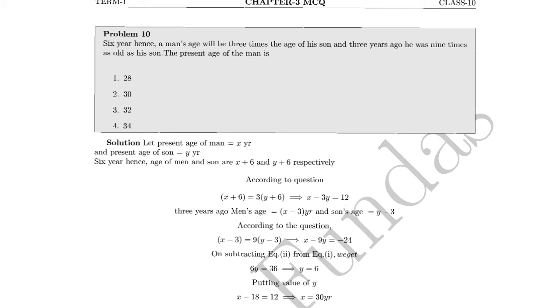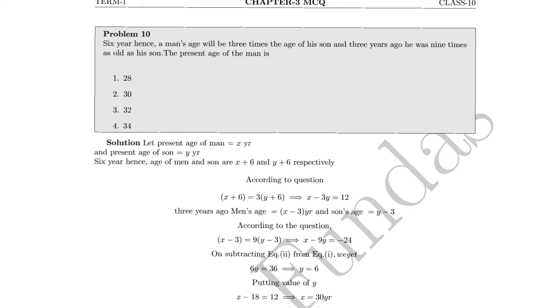3 years ago, the man's age was x minus 3, and the son's was y minus 3. According to the question, 3 years ago, the man was 9 times as old as his son, and putting this condition, we get x minus 3 is equal to 9 times y minus 3, and after transferring the variables and constants, we get x minus 9y is equal to minus 20.